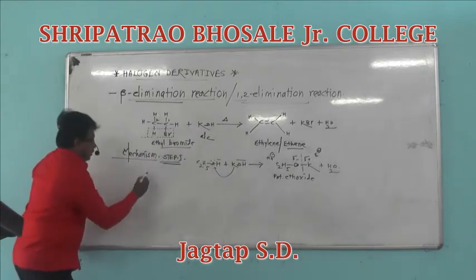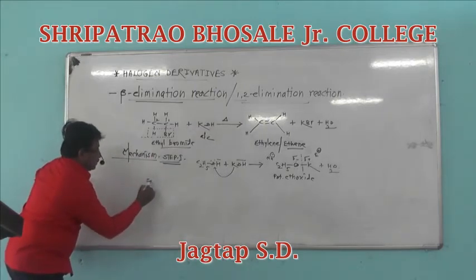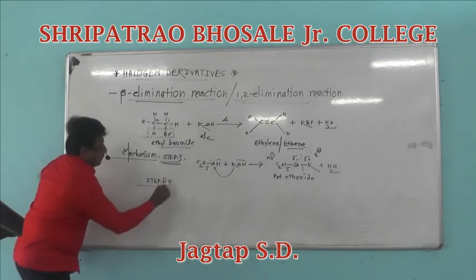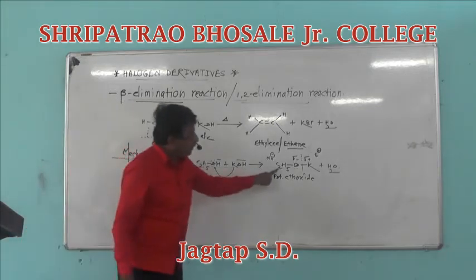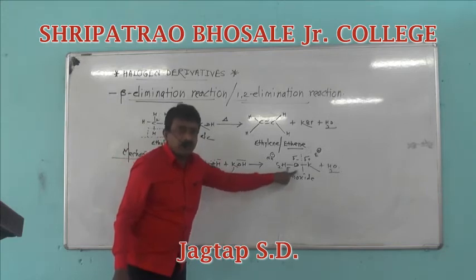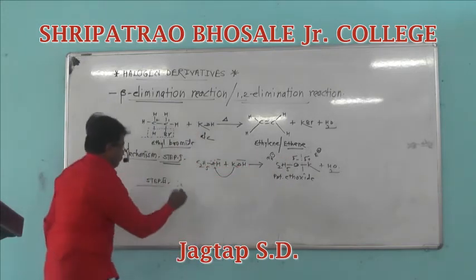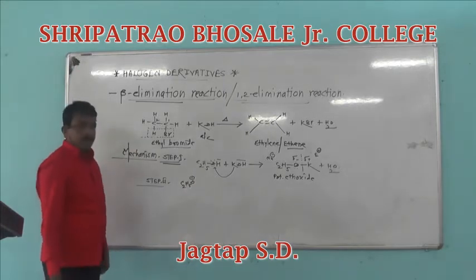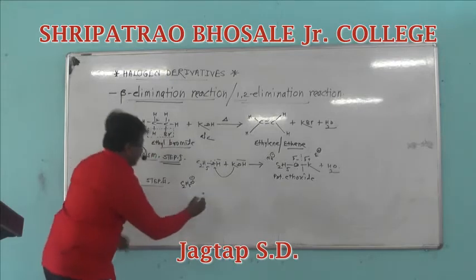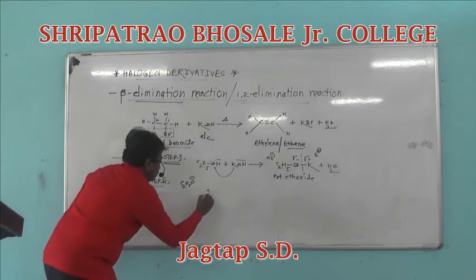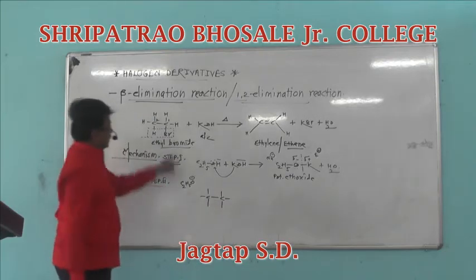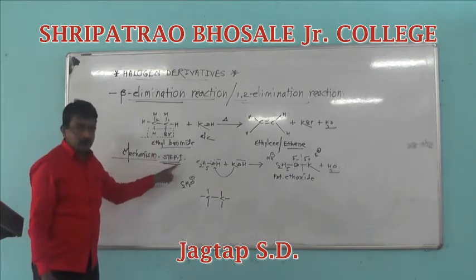So, in the second step, the nucleophile C2H5O minus attacks the starting material, ethyl bromide.